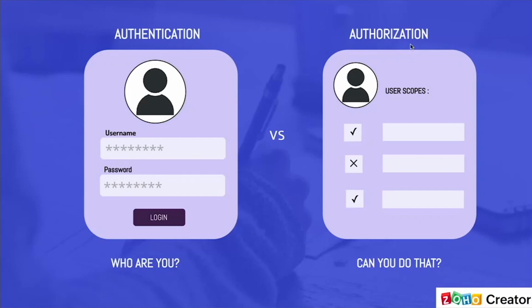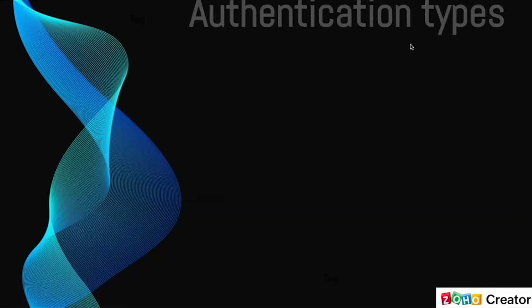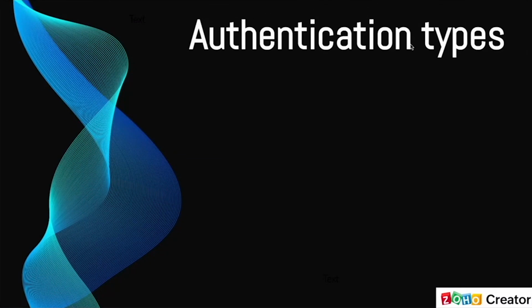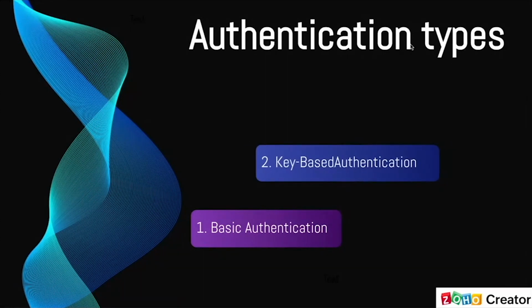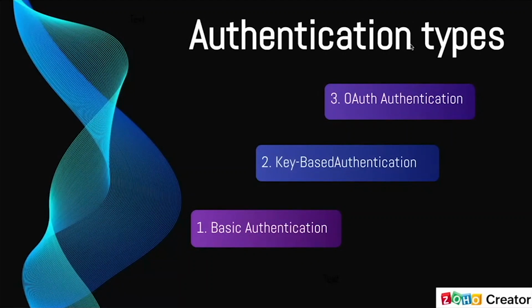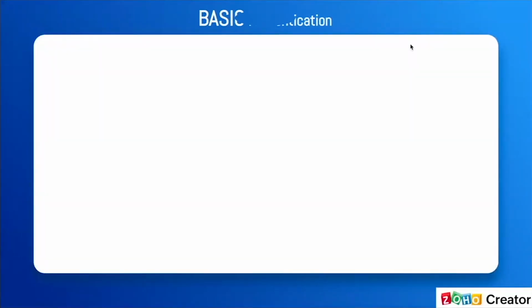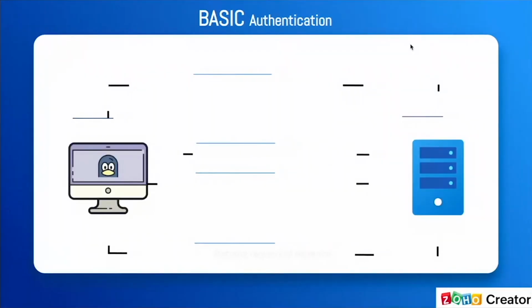So in simple terms, authentication answers the question who you are, whereas authorization answers the question what you can do. Now let's look into the types of authentication. We have basic authentication, key based authentication, as well as OAuth authentication, which is the most secure way. So let's see the first, basic authentication.